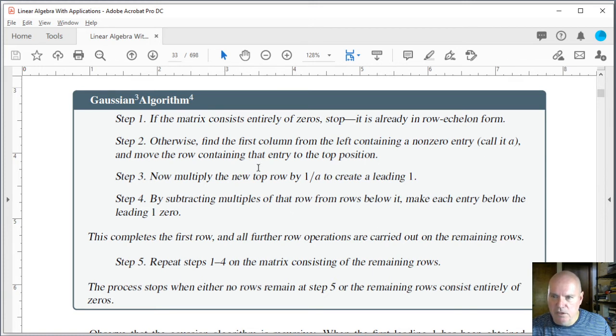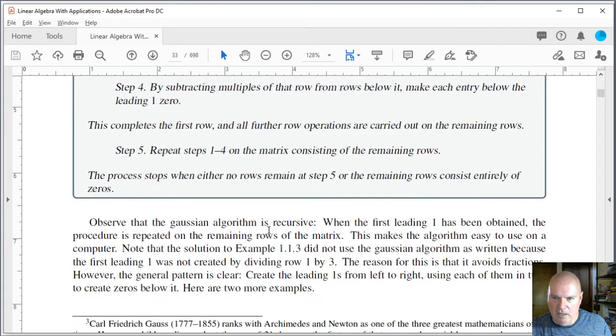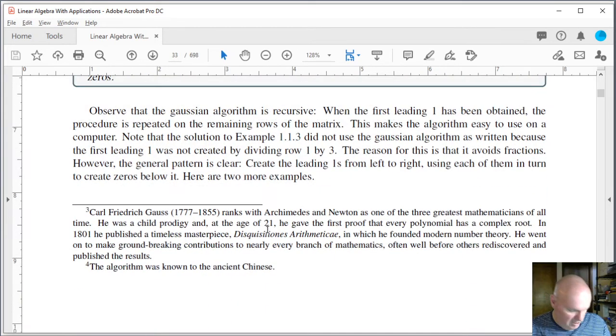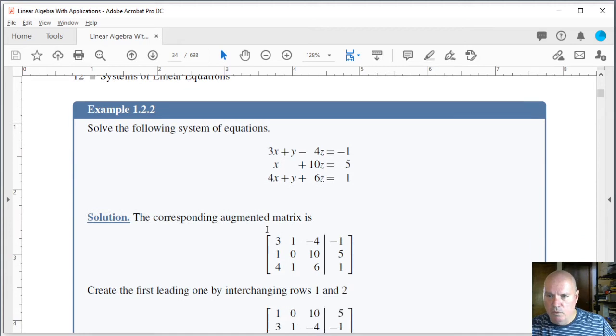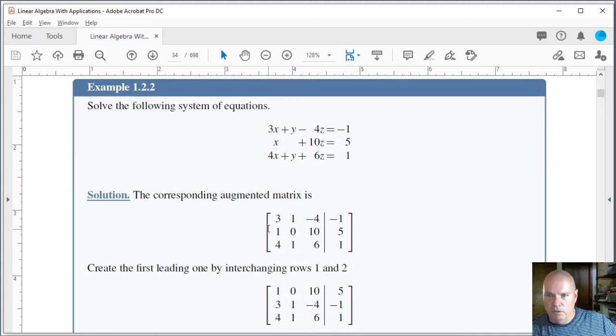So again, this is a fine method. It's a step-by-step recipe for transforming our augmented matrix to row echelon form. But again, I tend not to follow it exactly. So the goal here is actually to produce a matrix in row echelon form or reduced row echelon form.